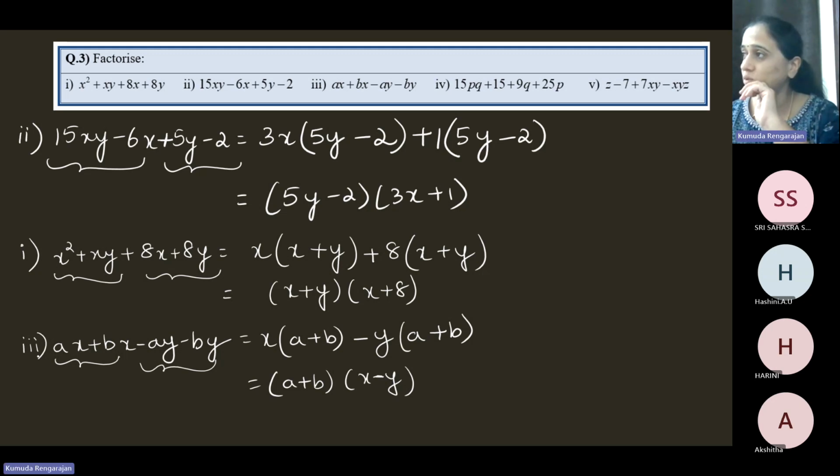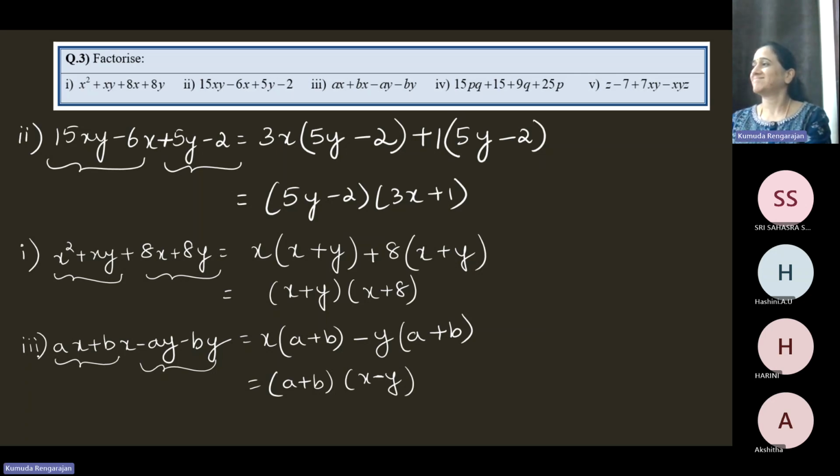You're talking about the fourth one. 5 into the common, 3 plus 5p. Did you rearrange or keep the same order? 3 into 1 and 3. Yes, correct. We got 5 plus 3 and 3 plus 5, and they are the same.